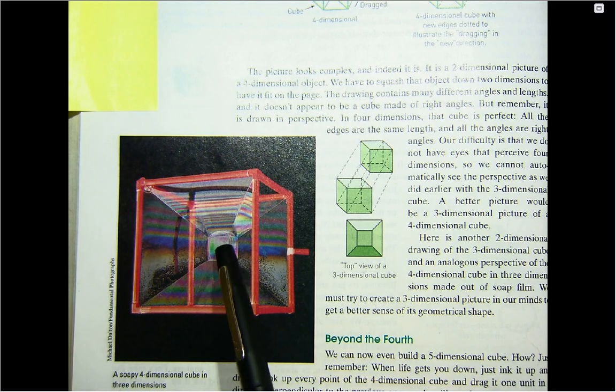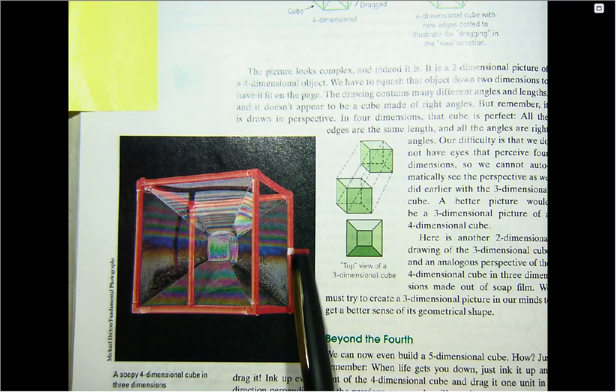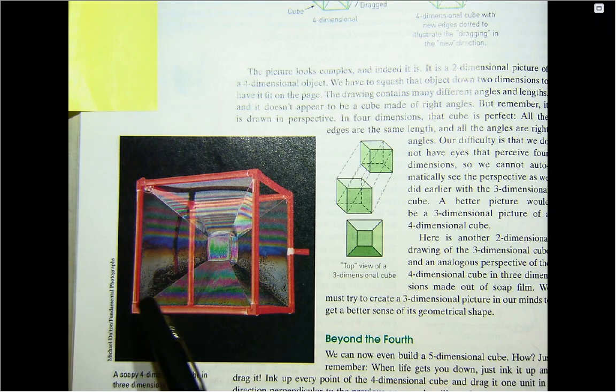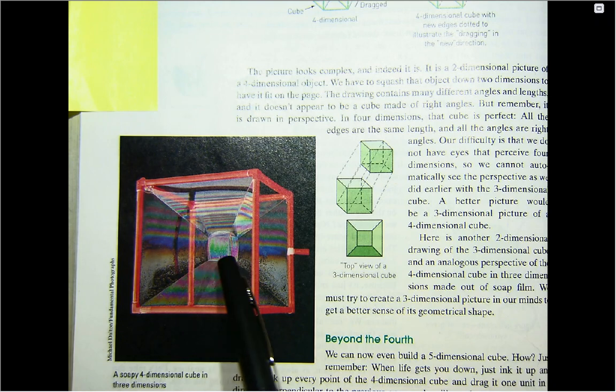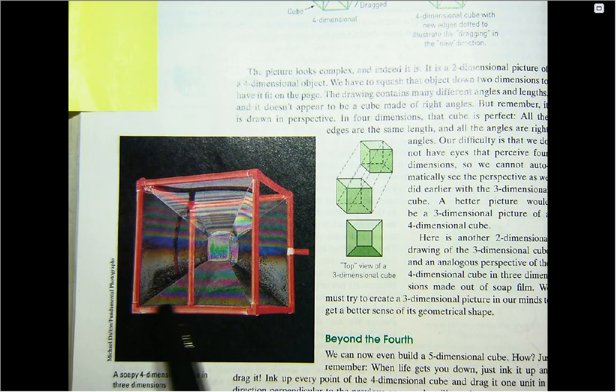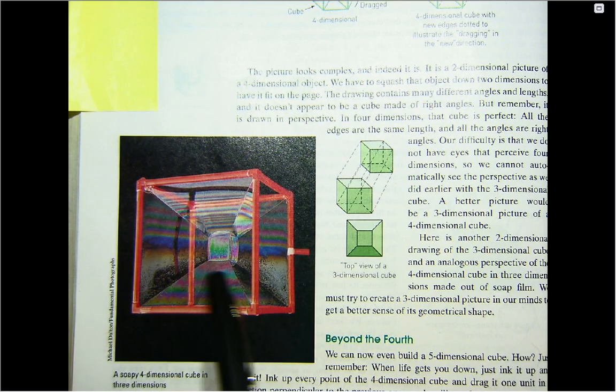There's the inner cube, there's the outer cube, and then there's a cube forming from the faces. So, for example, the bottom face of the inner cube connects to this face, and then these 4 faces on the side. So this is a cube.